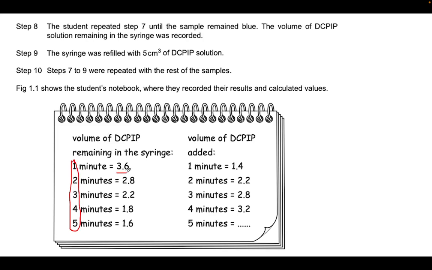You see this, the 1. It means we add this one for it to go back to 5, because we always refill to go back to 5. All right? If you use 2 minutes, we now have 2.6 remaining, and we are adding 2.2. That means the more time we use, the remaining volume of DCPIP reduces. All right? You can see it.